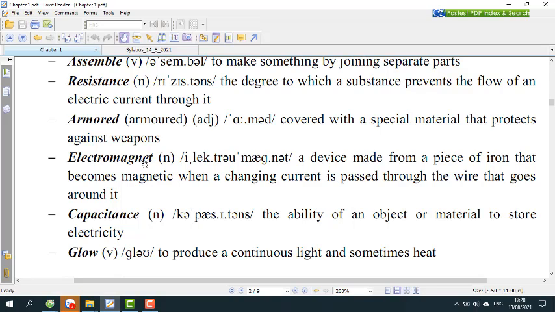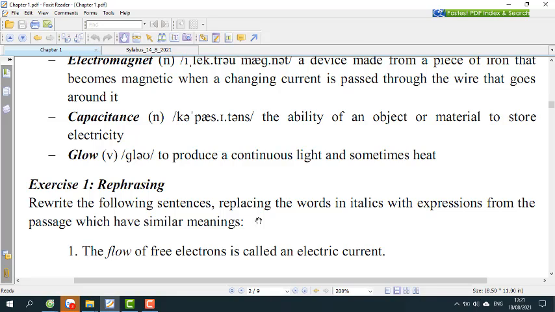Electromagnet: a device made from a piece of iron that becomes magnetic when a changing current is passed through the wire that goes around it. Capacitance: the ability of an object or material to store electricity. Glow: to produce a continuous light and sometimes heat.